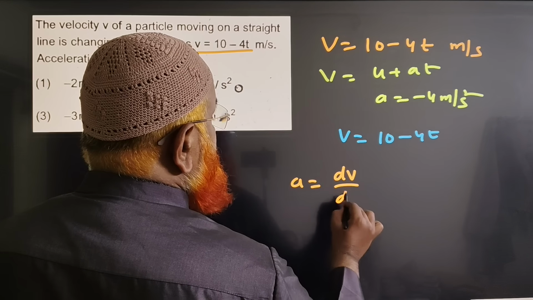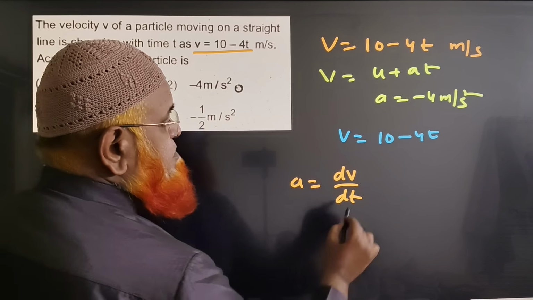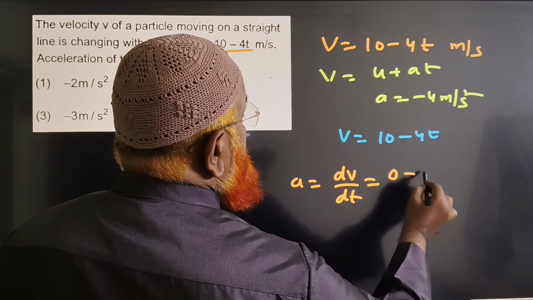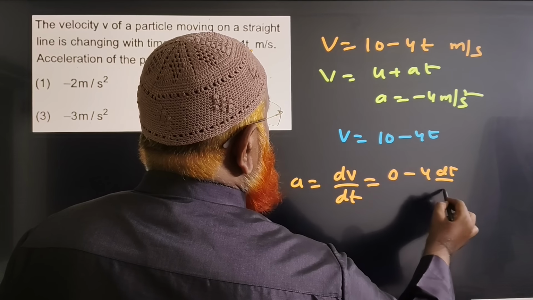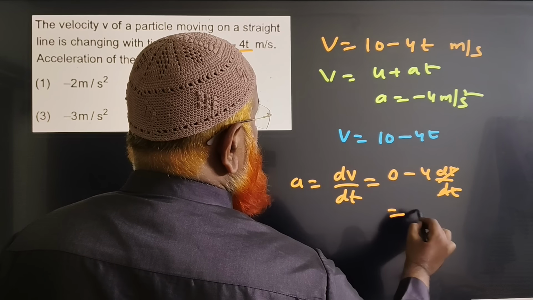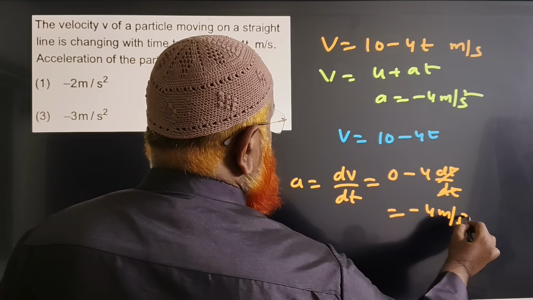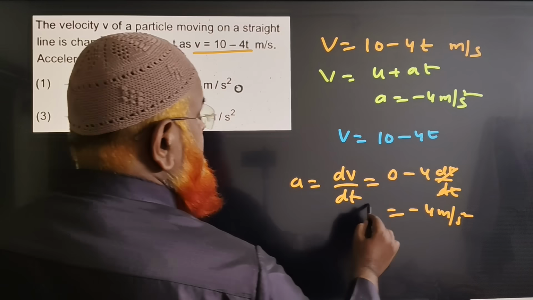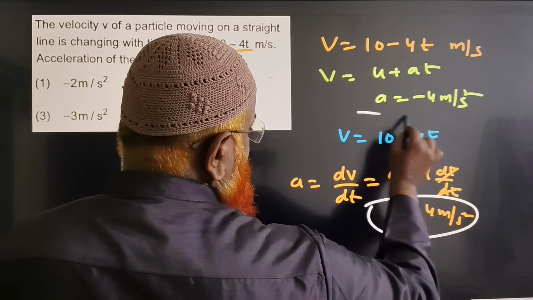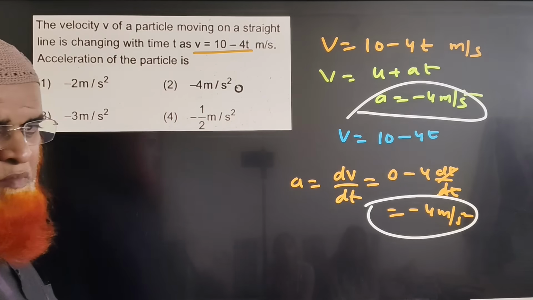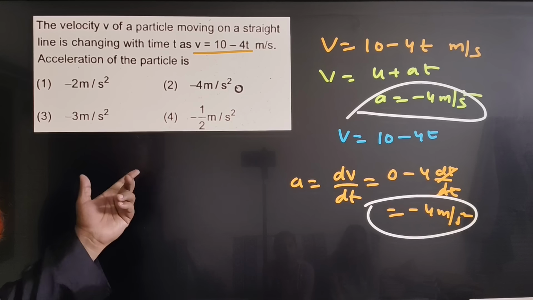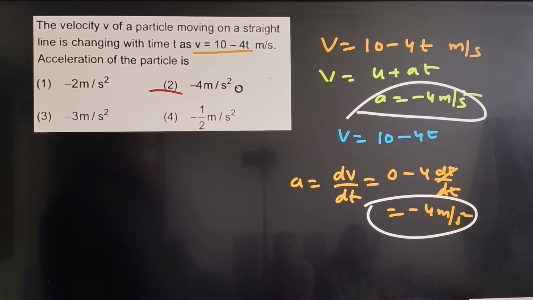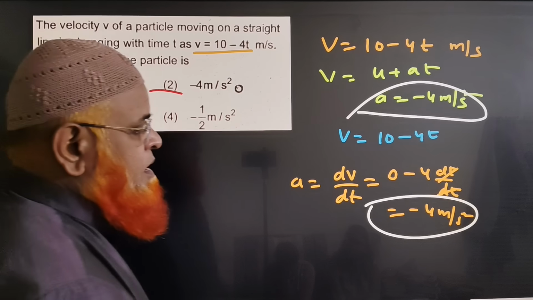You have to differentiate velocity with respect to time. It's going to be constant 0 minus 4 into dt by dt. So it's giving minus 4 meters per second square. These are the two methods you can apply. This is by differentiation, and this is just by comparing with the general formula. So the answer is minus 4. Next.